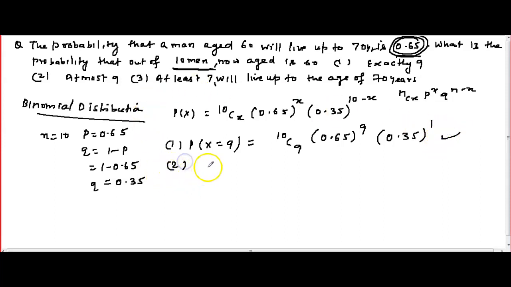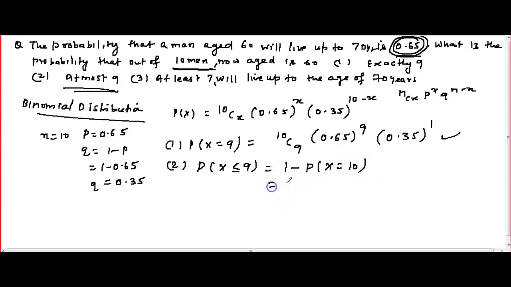Second one is given as at most 9. At most 9 means probability of x less than or equal to 9. So instead of adding 0, 1, 2, 3 and so on, I can write it as 1 minus the probability of x equal to 10.